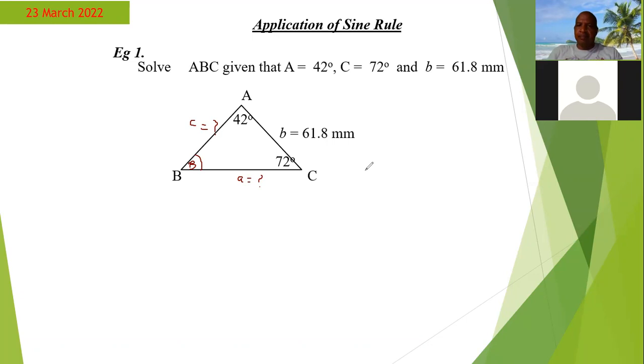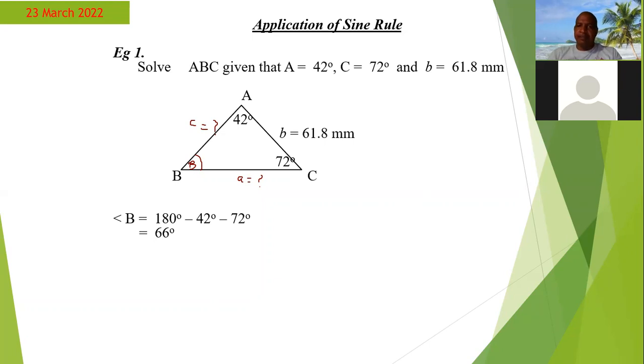Sir, we can add the 2 known angles and then subtract that from 180 degrees. Exactly. So can you do a quick calculation and give me what angle B works out to be? Sir, the answer is 66 degrees. 66.